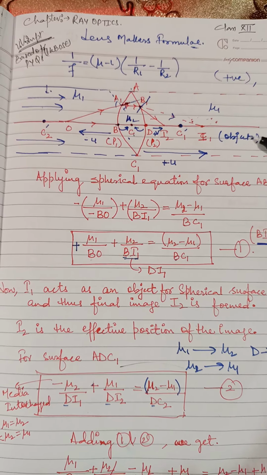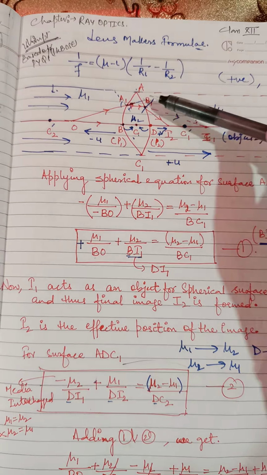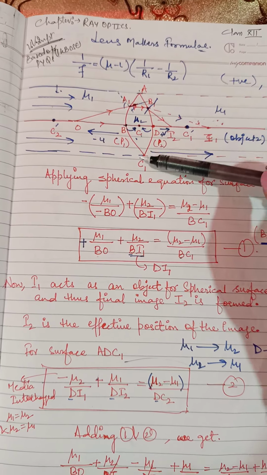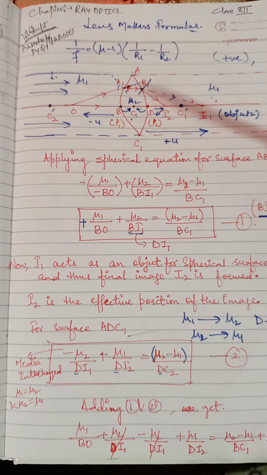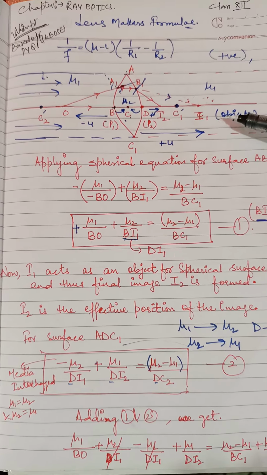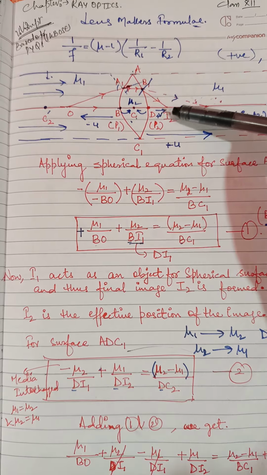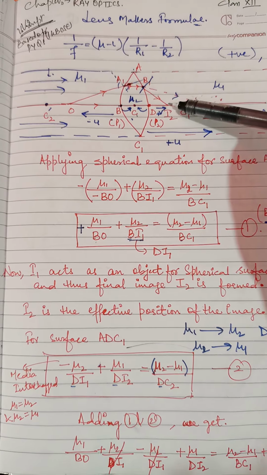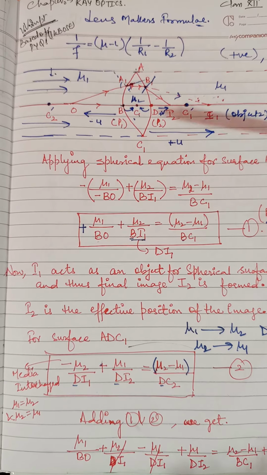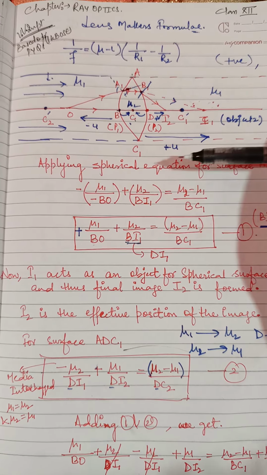Now this I1 will behave as object 2 for the other refracting surface which is ADC1. For this refracting surface again there will be a refraction and the final image is I2, taking I1 as the object 2.